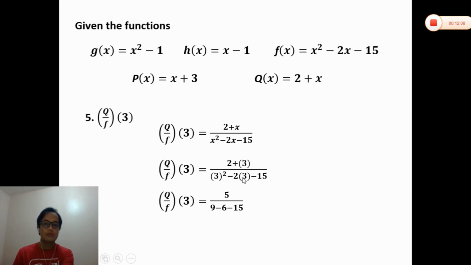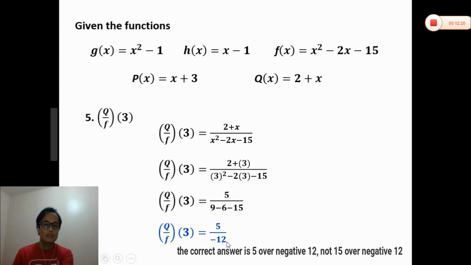Negative 2 times positive 3 is negative 6. Then minus 15. We perform the operation here. So we copy 5. 9 minus 6 is positive 3. Then positive 3 minus 15 is negative 12. Now the correct answer is 5 over negative 12, since we cannot simplify or reduce this any further. So that's it.